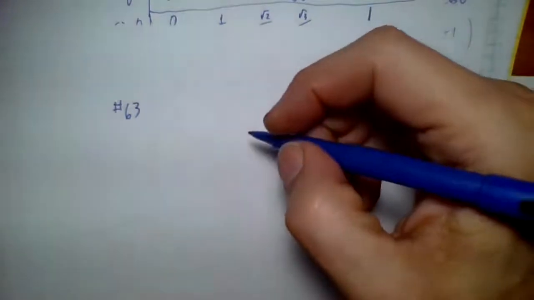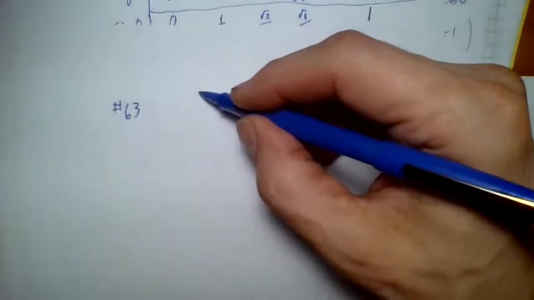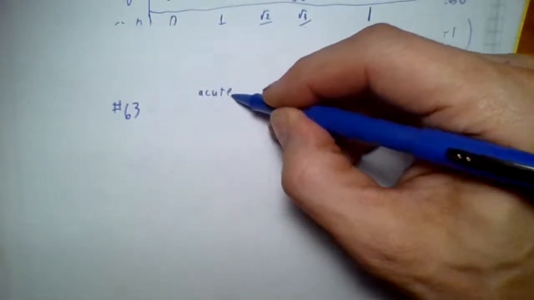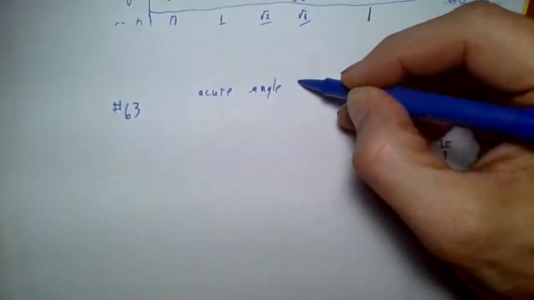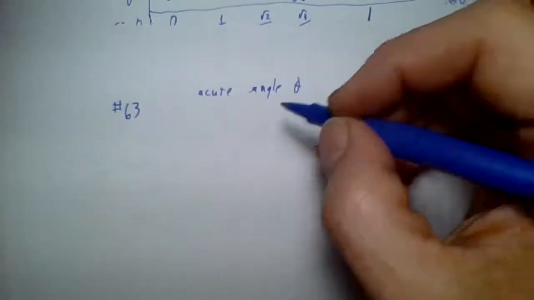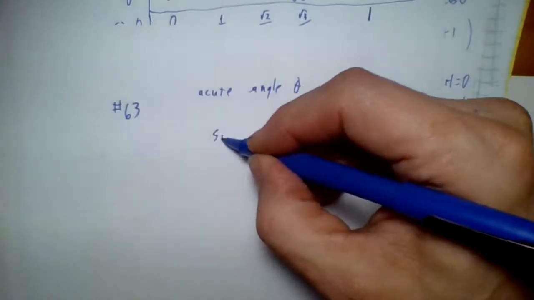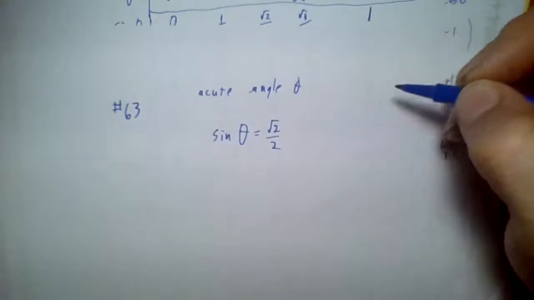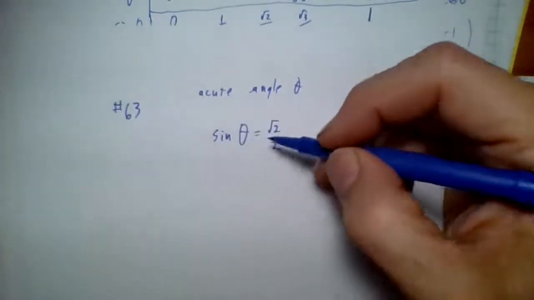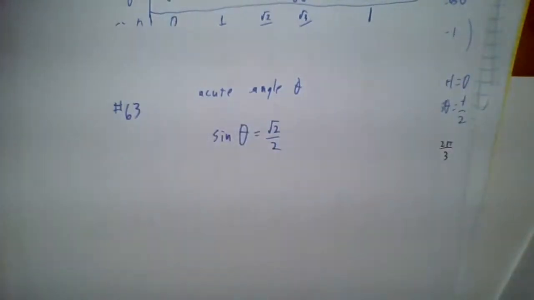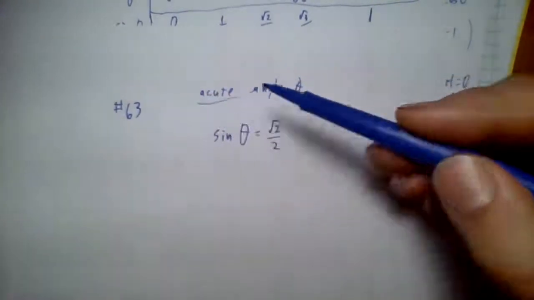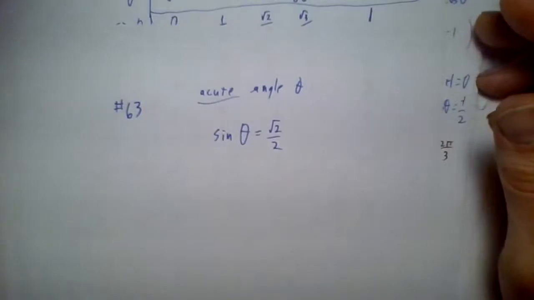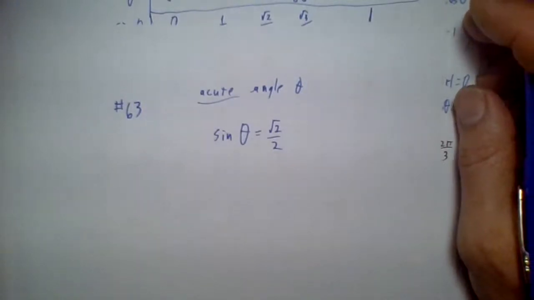Number 63 in this section says to find the measure of the acute angle theta whose sine or cosine is given, and for this I have sine of theta equals square root of 2 over 2. So we're trying to find the actual value of theta on this one. That's what they're asking for. What is the angle for this? Now, acute angle, if you remember your geometry terms, acute just means it's less than 90 degrees.